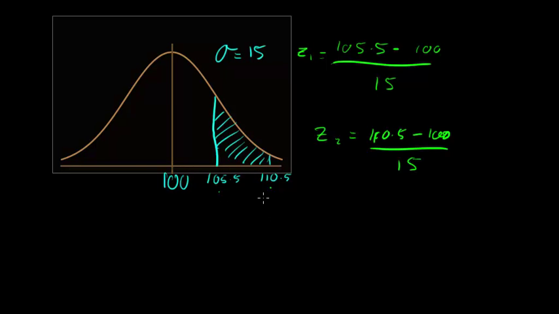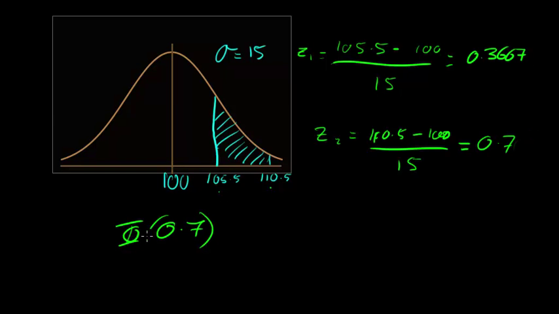So I'll just work those out. There we go. So to find this area I'm going to do phi of this score... oh, I've put them the wrong way. So phi of 1.7, which is all of that from 110 all the way down there.